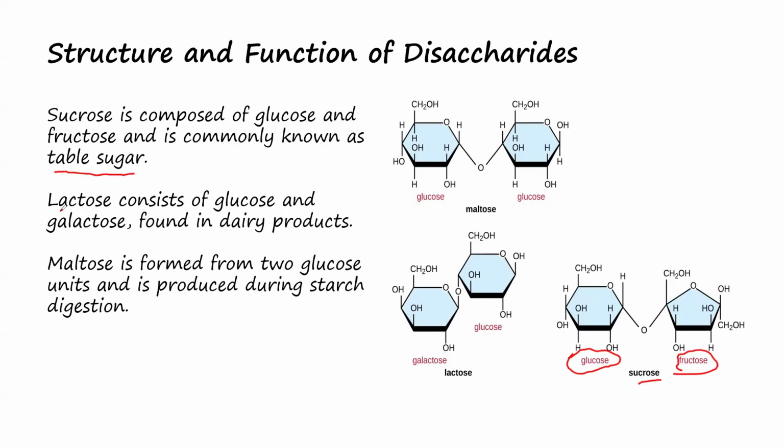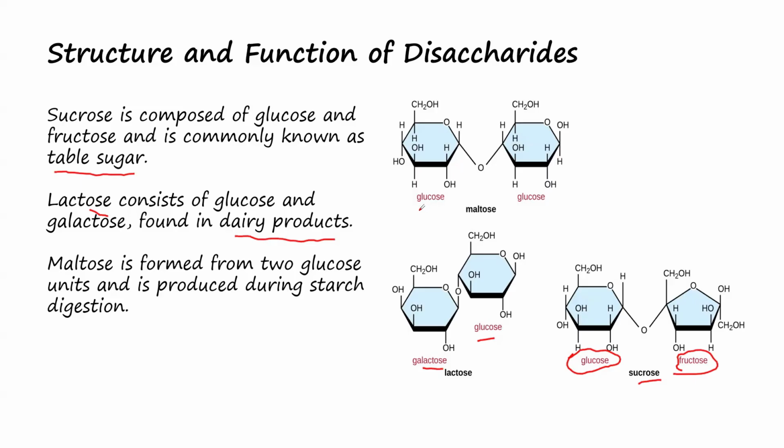And then the next one is lactose. Lactose consists of glucose and galactose. So galactose and glucose are the monomeric sugars that join together to produce lactose, and it is found in dairy products and also milk for breastfeeding. Then the next one is maltose. Maltose is formed by two glucose molecules.